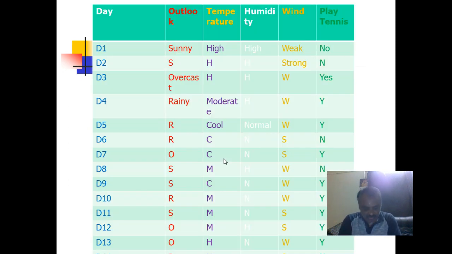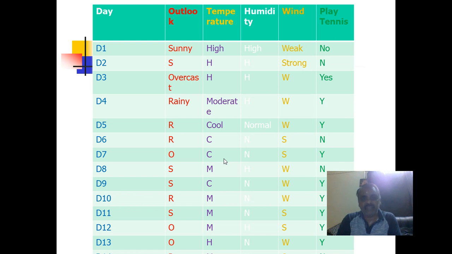Now let us do an example problem. There are 14 instances given. The target is whether a person will play tennis or not. The attributes are outlook, temperature, humidity, and wind. Outlook can take sunny, overcast, and rainy.